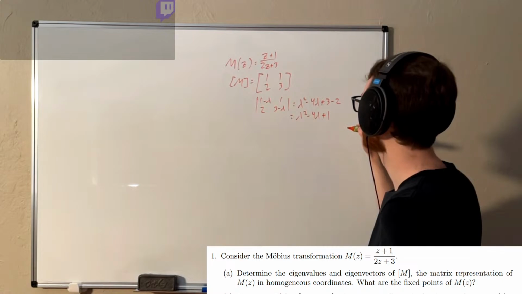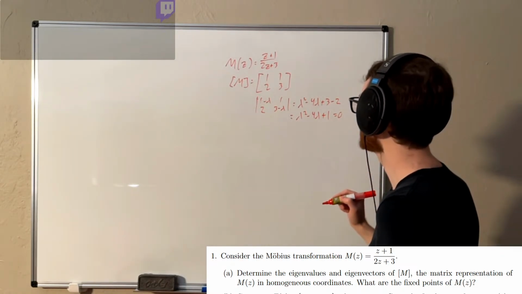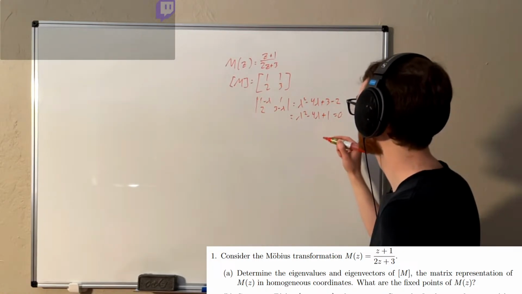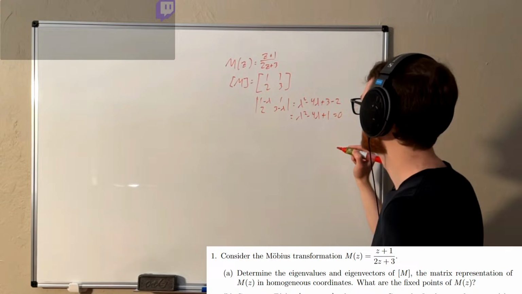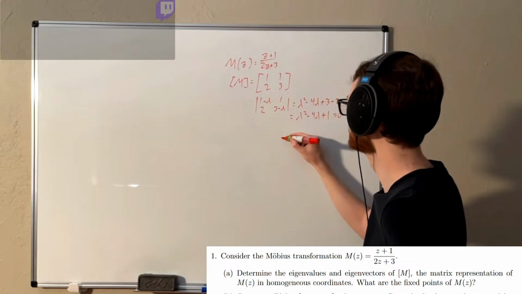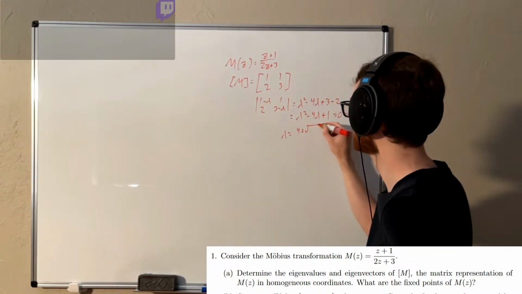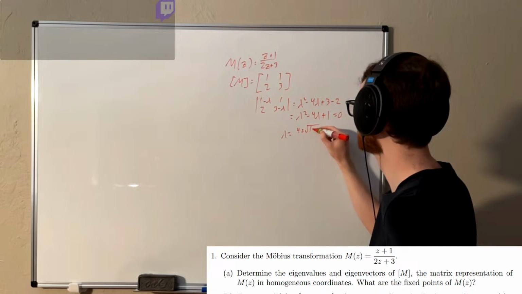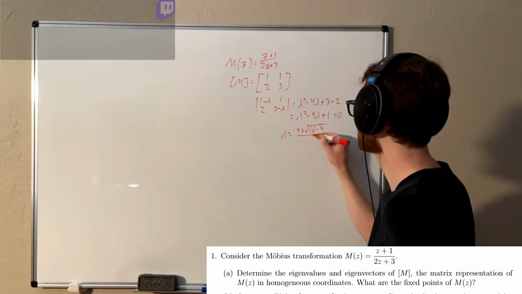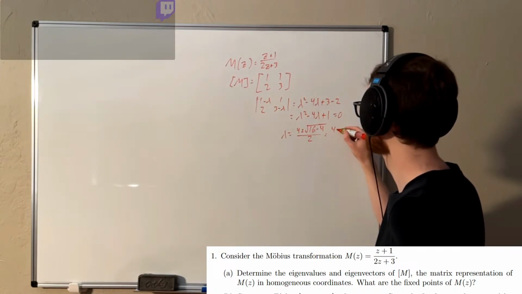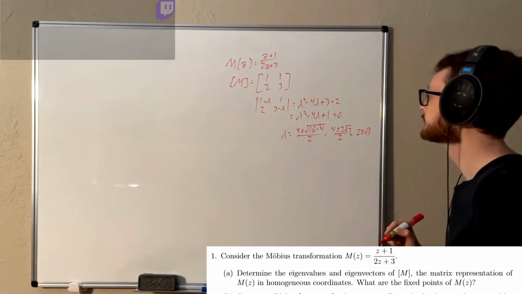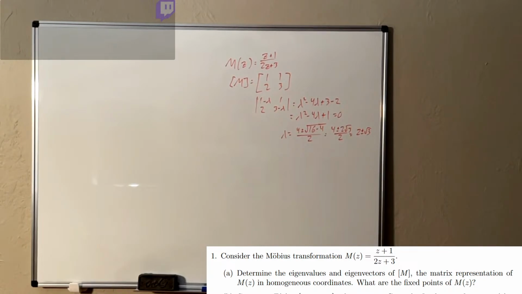Are we getting... Is this irrational or complex? I feel like these are going to be complex. No, they're just irrational. It's going to make finding the eigenvectors annoying.